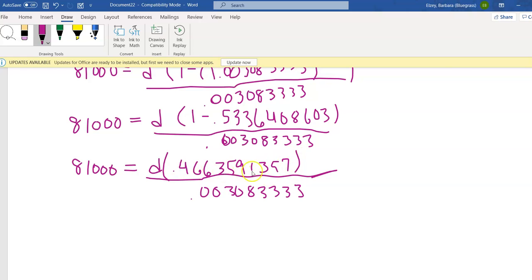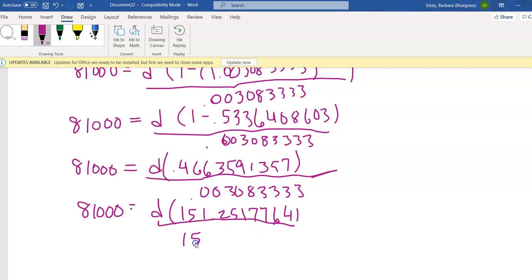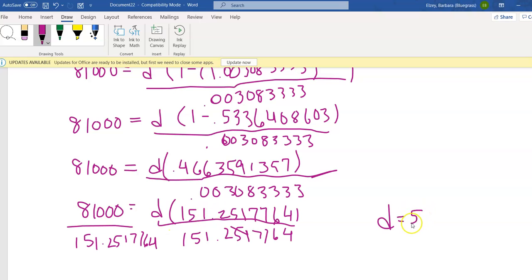Now let's finish dividing that by the number on the bottom here. We get 151.25177764. And then lastly, let's solve for D by dividing out that 151 on both sides. And we get that the monthly payment is $535.53.